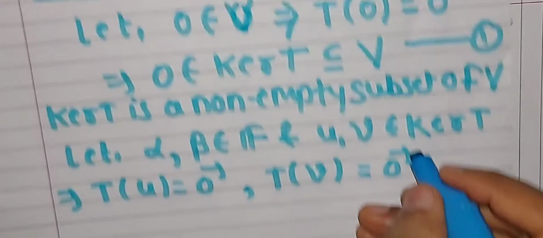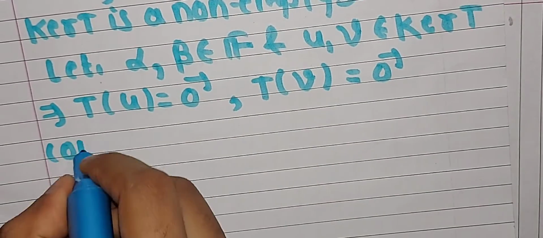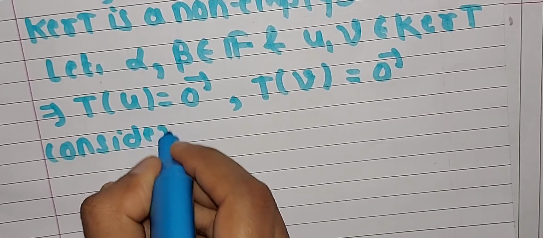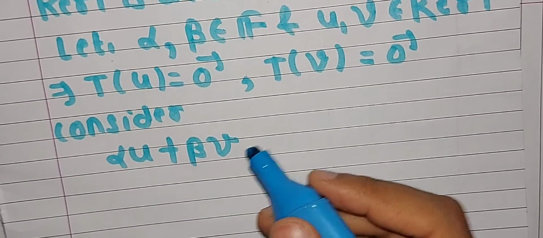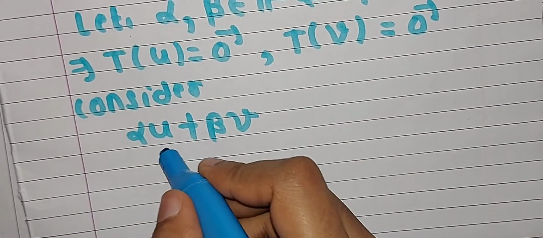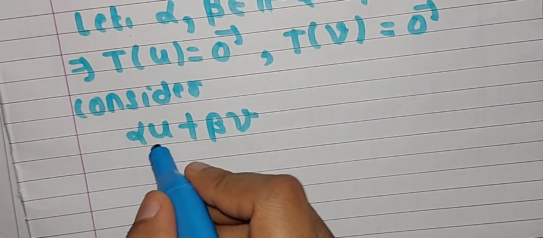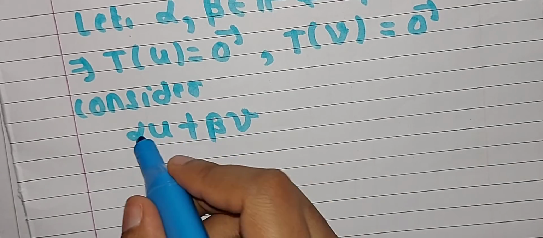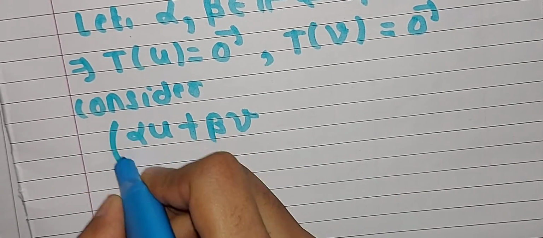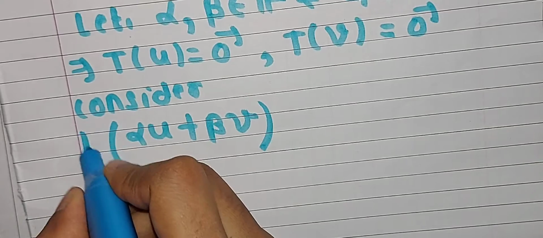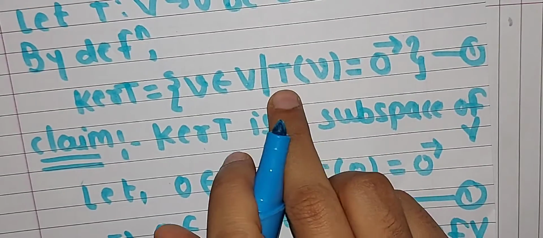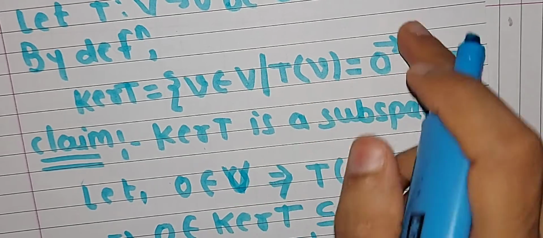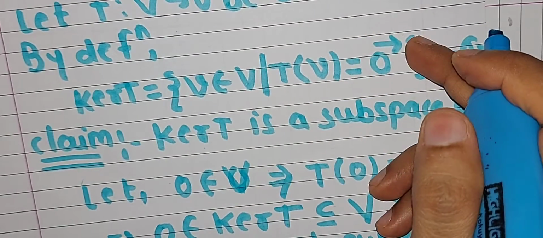Now consider the next condition, that is, consider alpha u plus beta v. To check the remaining properties of this subspace, we will check the closure property with respect to addition and scalar multiplication at a time. So apply the transformation T on this, because the kernel is of the form T of something. Now we only have to prove it is equal to 0 bar.